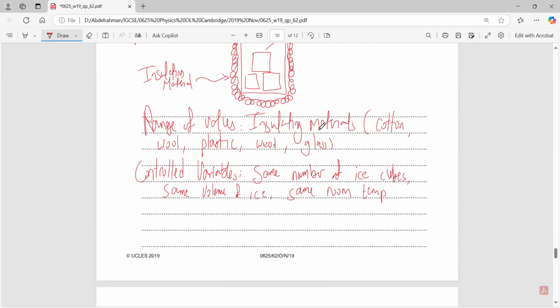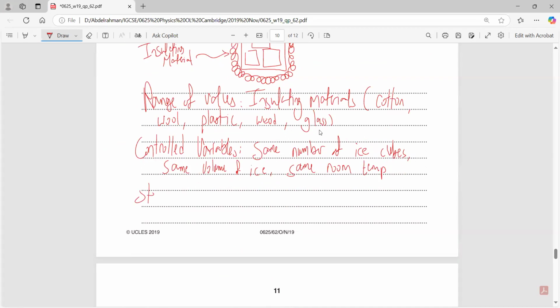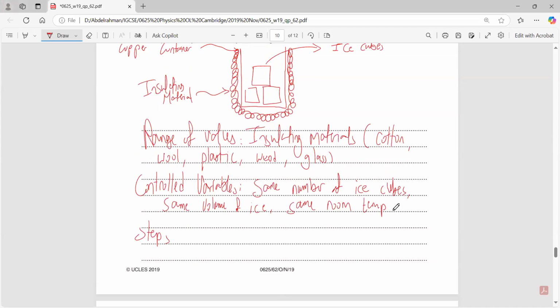And then, what about the steps? You just need to put the cubes in the container. You have the insulation wrapped around the container, and then add the cubes in the container, and then start the stopwatch.